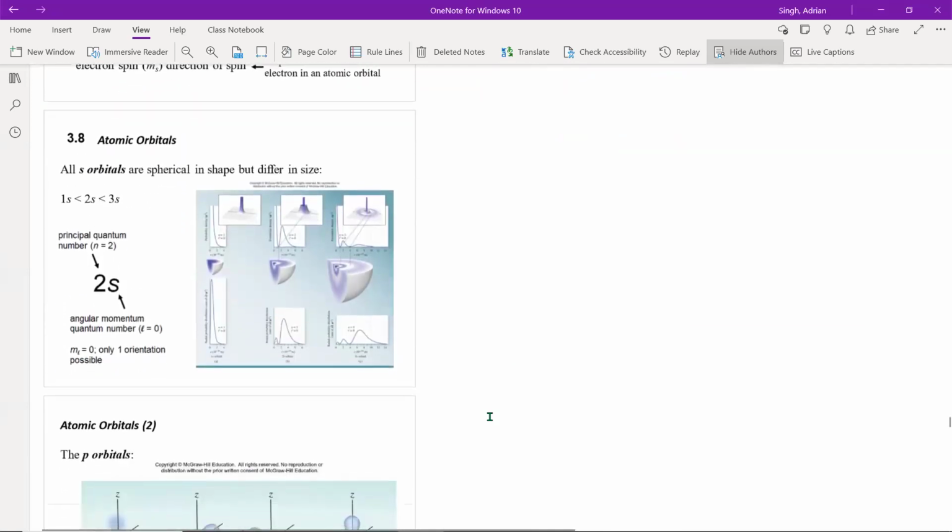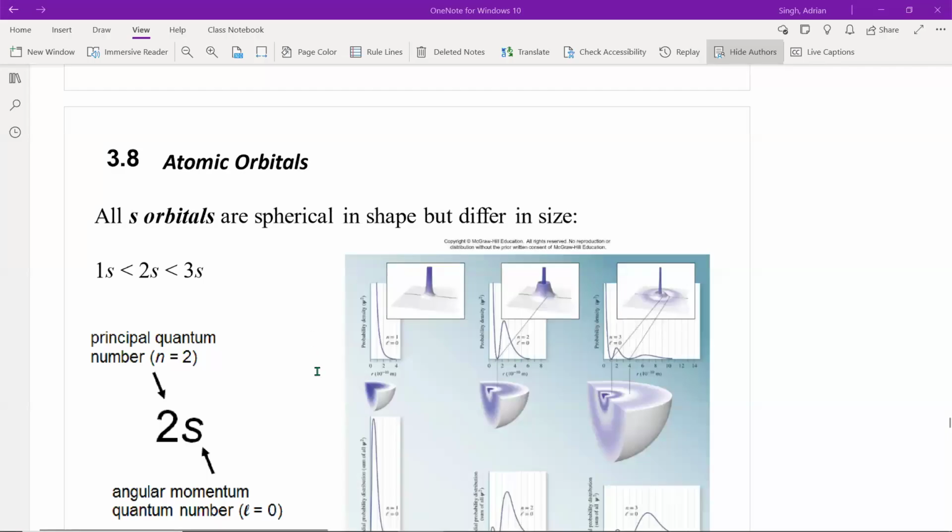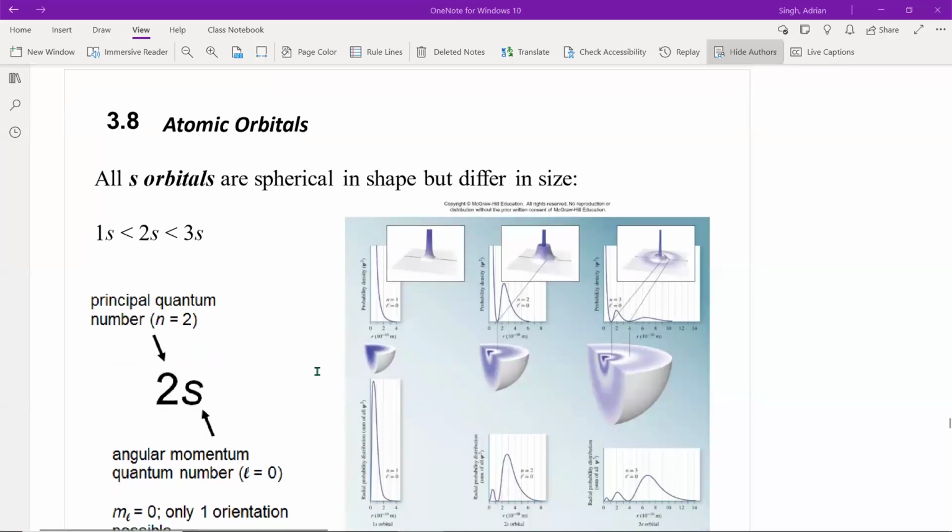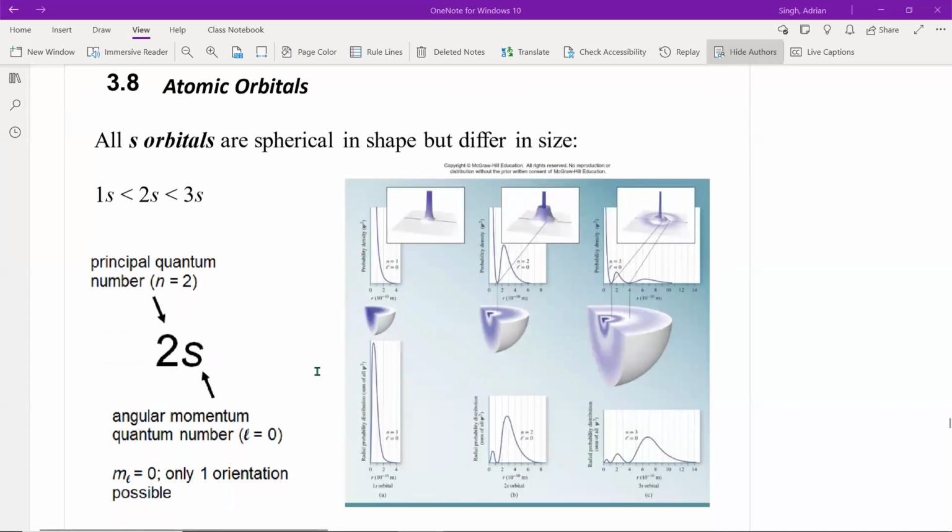So if we take a look now at how these atomic orbitals differ from each other, we're going to see some important differences between them. So for example, if we look at the differences between a 1s orbital versus a 2s orbital versus a 3s orbital, okay, first of all, we can see some similarities.